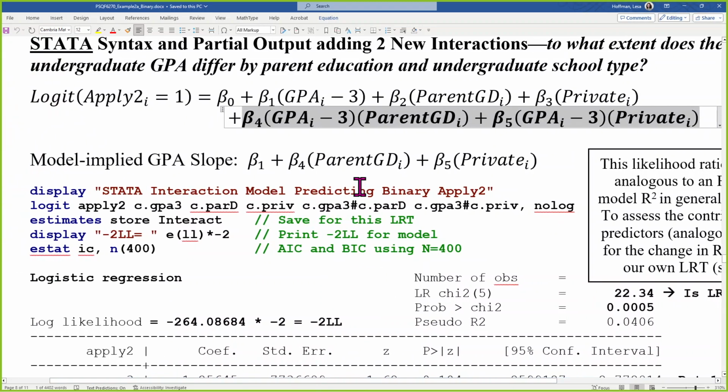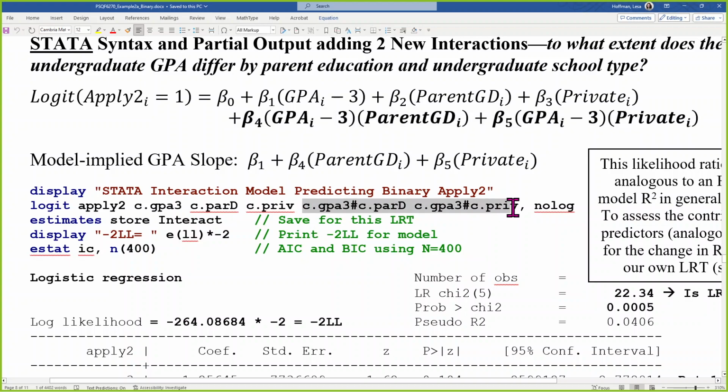Maybe GPA is more important in people whose parents don't have a graduate degree than people who do. Maybe GPA is more important if you went to a public university. These are the types of questions known as moderation. The way we address those questions has nothing to do with logits. It's all the same stuff you already learned.